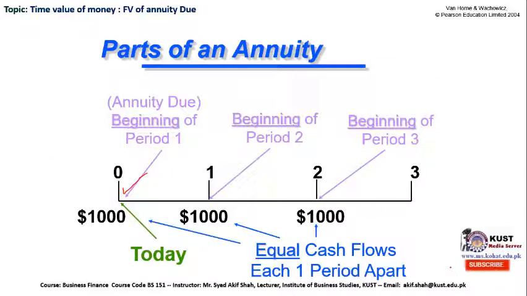After thoroughly and carefully studying the numerical case, we have drawn a timeline. It is an annuity due case, and annuity due means that you as an investor are going to invest your money at the start of the period or beginning of the period. The timeline 0 depicts today's date.